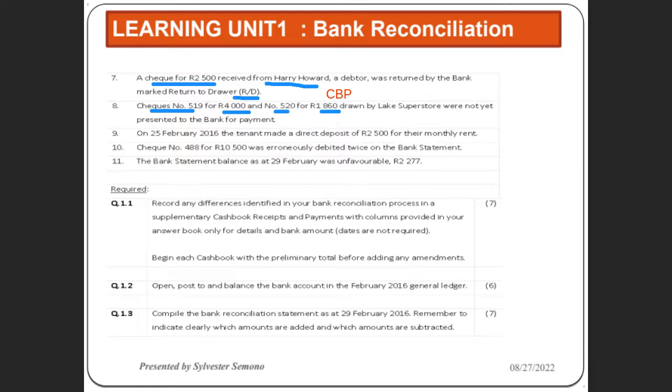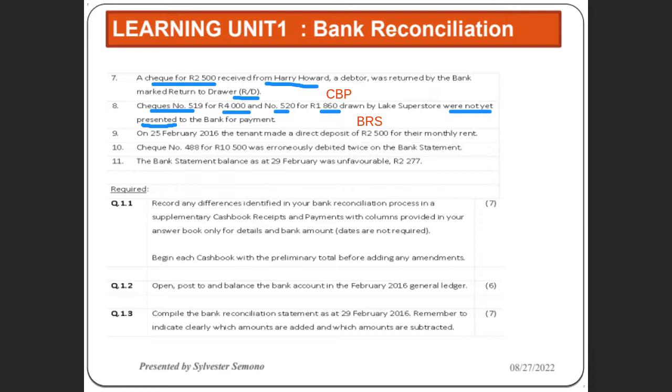They said they were not yet presented to the bank for payment. So where do you think I'm going to record this one before I can tell you? This is a timing one, sir. So wouldn't it go to bank reconciliation? Yes, you are correct. It's a timing difference, it's going to be the bank reconciliation statement. Perfect, I like that.